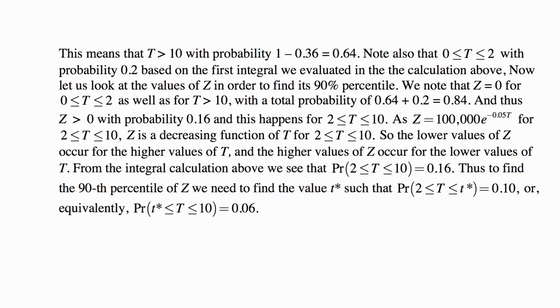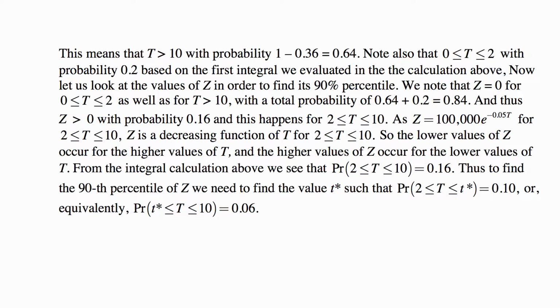This means that Z is positive with probability 0.16, and this happens for t between 2 and 10. Z is equal to 100,000 times e to the minus 0.05t in that range, which means that Z is a decreasing function of t. So lower values of Z occur for higher values of t, and higher values of Z occur for lower values of t.